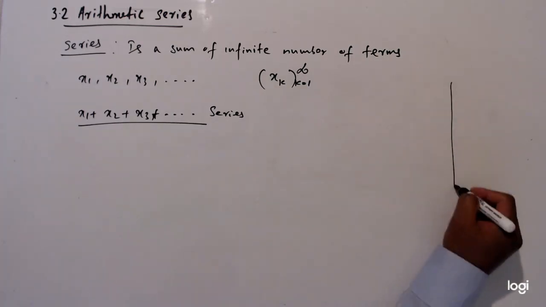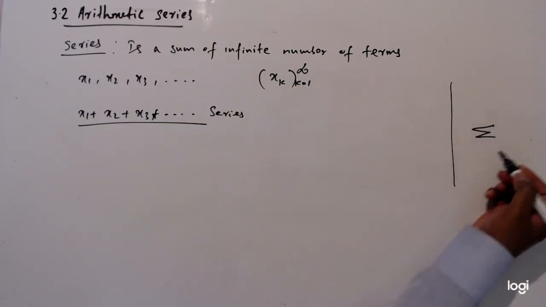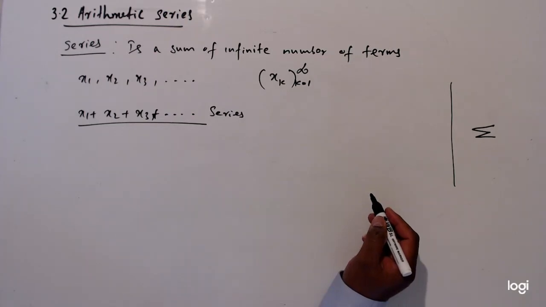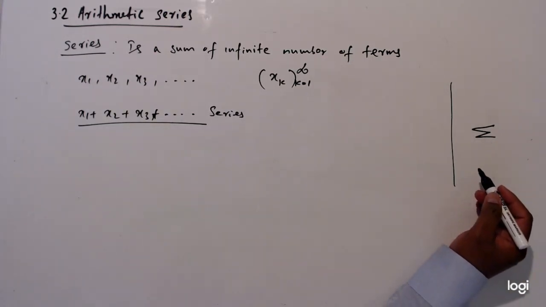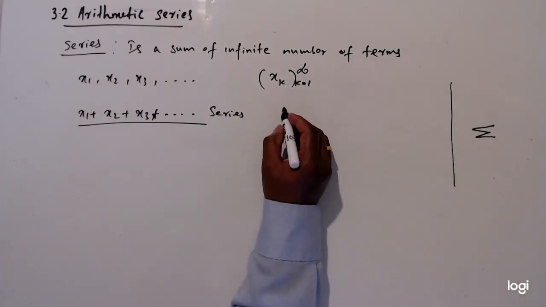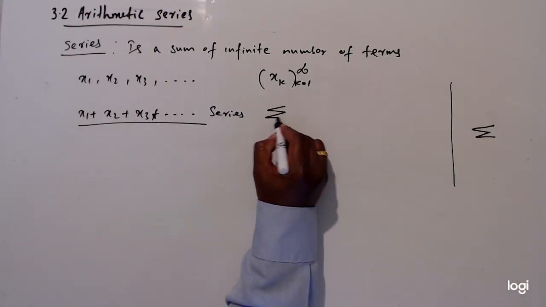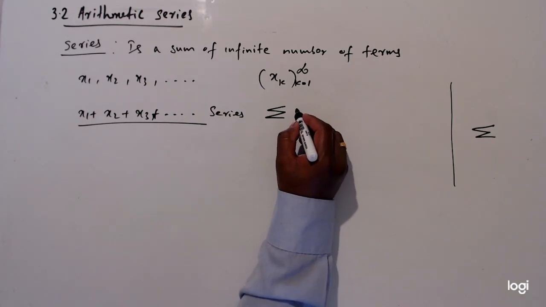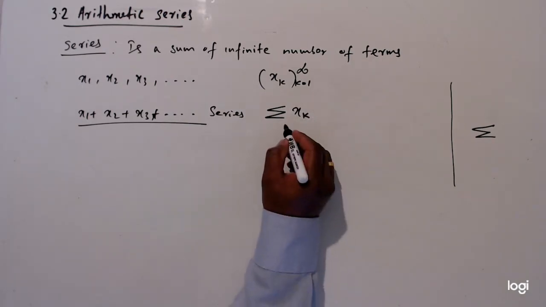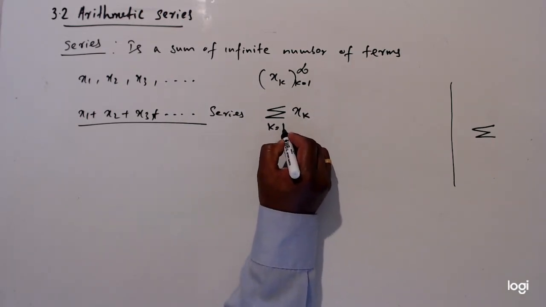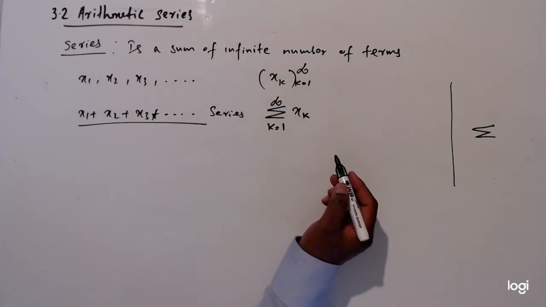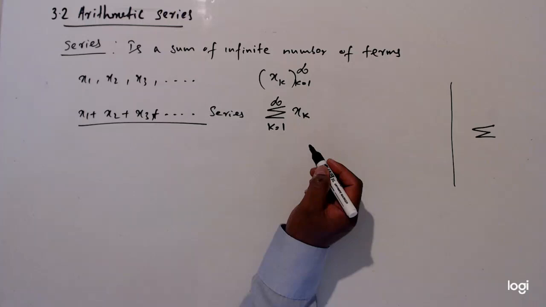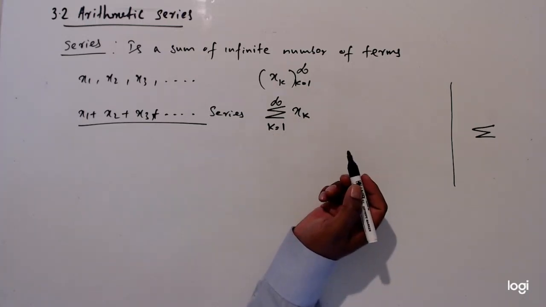Sigma is a letter from the Greek alphabet, and we call it summation. Sum of xk, k starting from 1 to infinity. So we can write the series in simple form like this.